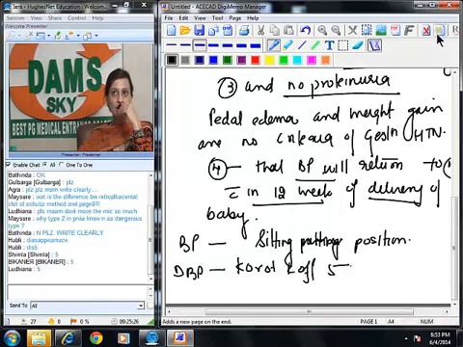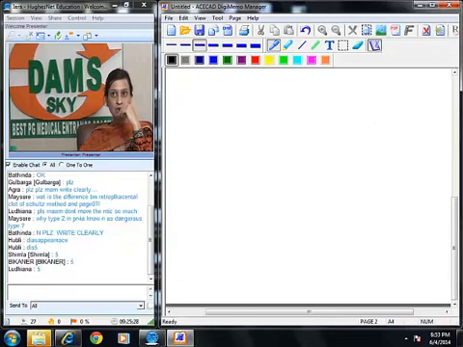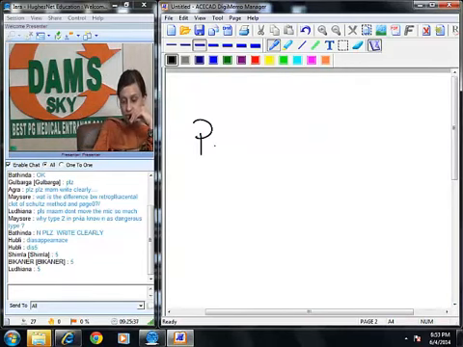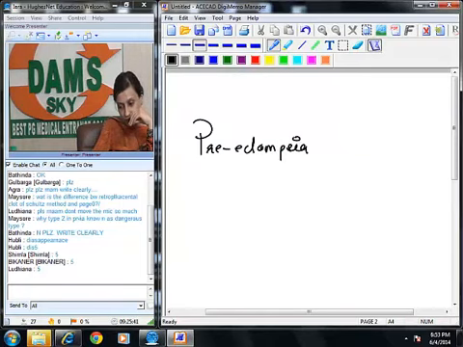So this is how we define gestational hypertension. Coming to the next definition, which is preeclampsia. So we have given away the term of PIH, and now the term we use is preeclampsia. So what is preeclampsia?